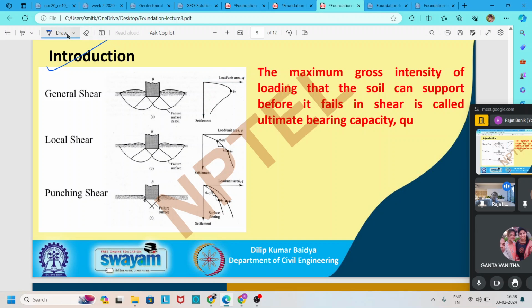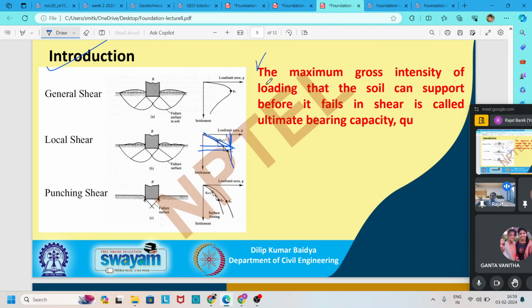But in local and punching shear failure, there is no peak of failure. So for this, we need to find out the maximum load carried by the foundation before it fails. To find this, we need some arrangement, that is the double tangent method, and by this we can easily find the load at which the foundation has failed.